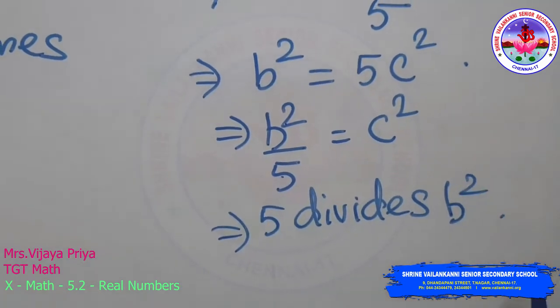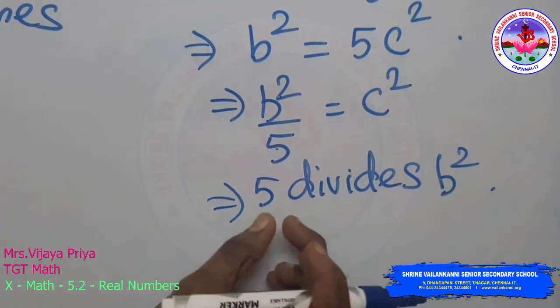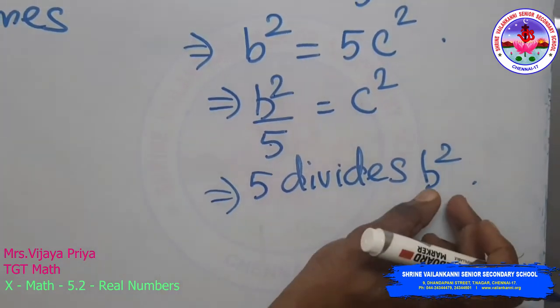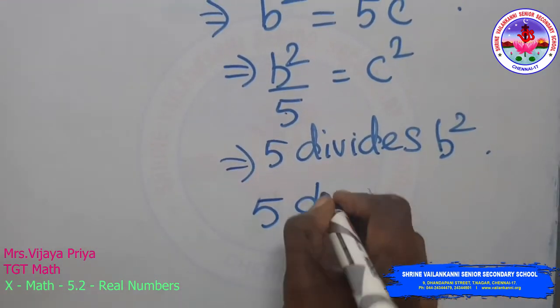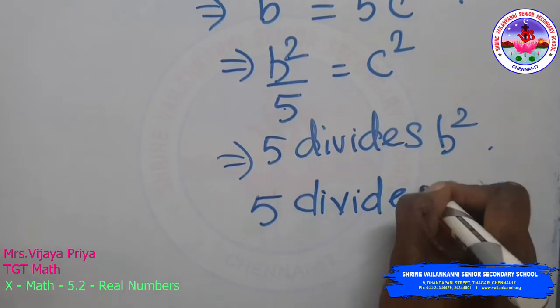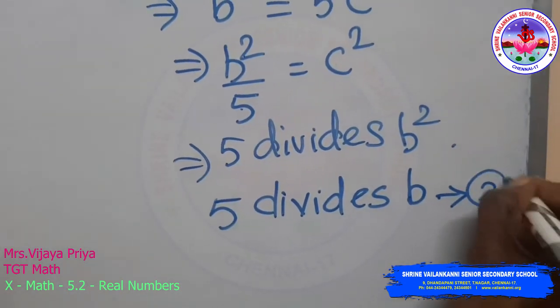Again I am using my second property. If p divides a squared, then p divides a also. So using that concept here, 5 divides b squared, so 5 divides b. Calling this equation 2.